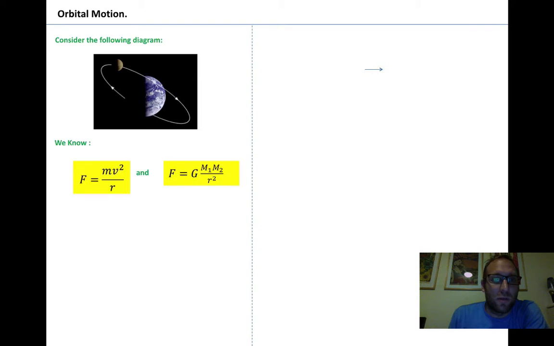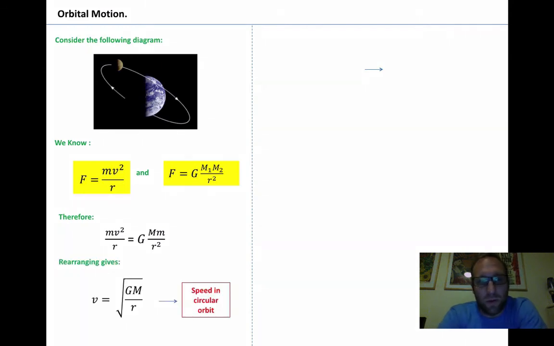We know from 6.1 that the centripetal force can be given by mv squared over r, and we know that the force between the Earth and the Moon can be given by big G, the universal constant, times the masses, over the squared distance between them. Since that force is the same, we can equate the two equations, and once we cancel and rearrange for v, we can come up with this expression, which represents the speed in circular orbit.